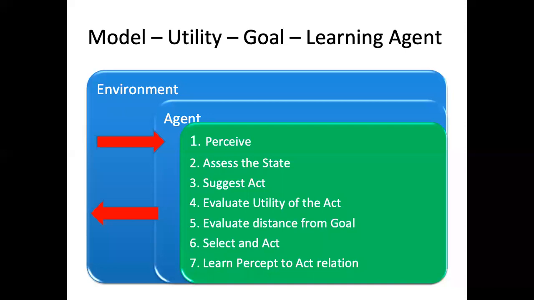So everything won't go in together. या आप reflex based करेंगे या आप model utility goal learning based काम करेंगे. ठीक है, so that's just as an option. So under certain conditions you will not apply anything of this sort. You will simply go for a mode of reflex agents. ठीक है, कैसे आपने करना है. Okay.